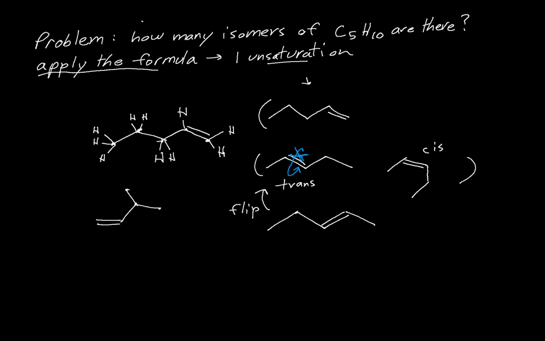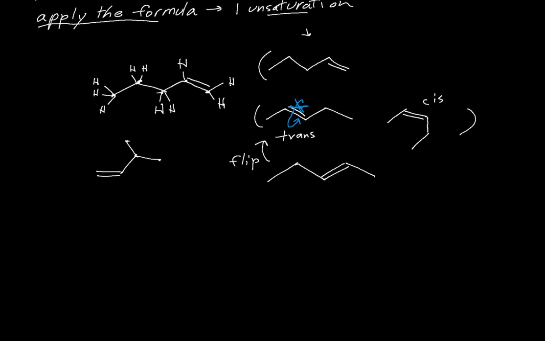I'm probably not going to draw every single isomer of this. You can try to draw others that I didn't think of, but I do want to point out that, remember, again, above, an unsaturation can be a ring. So a cyclopentane has 5 carbons and 10 hydrogens, and so that's another isomer of this molecule, of this formula.